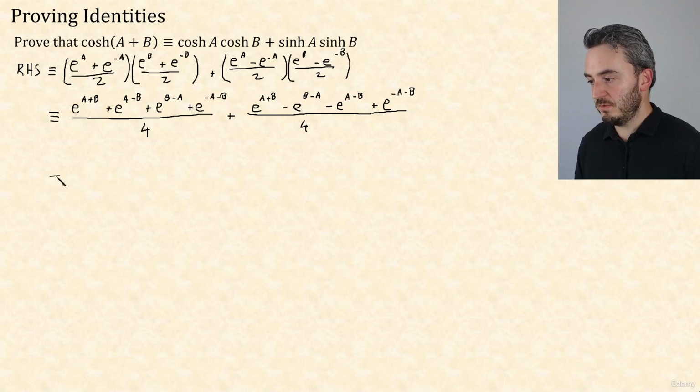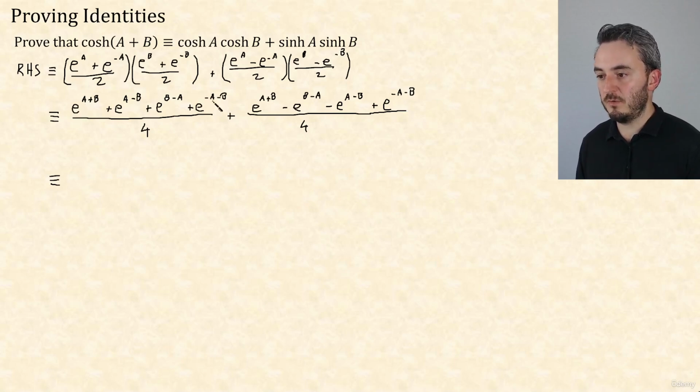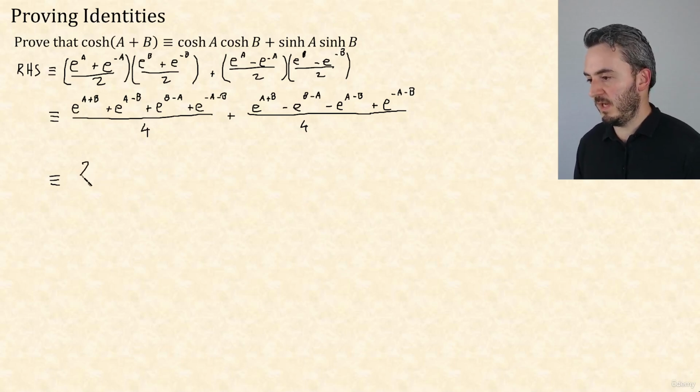Lots of this cancels, and what we end up with is these two cancelling, that one and that one, and that one and that one. So it's only the outer ones that actually survive. So I've got 2e to the a plus b over 4, and I've got 2e to the minus a minus b over 4. So I guess I won't skip too many steps. It's 2e to the a plus b plus 2e to the minus a minus b all over 4.